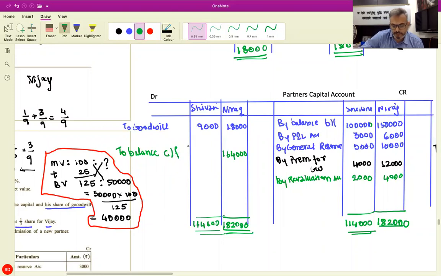Minus karo 9,000. So 1 lakh 5,000. यहां तक हो गया सबका.